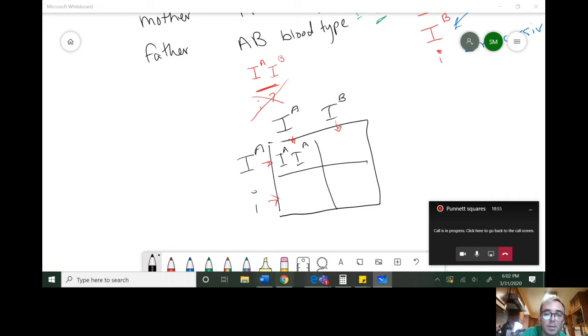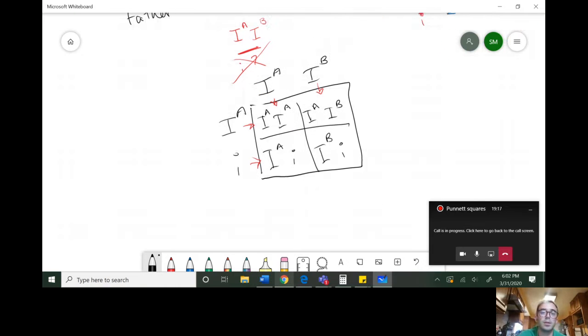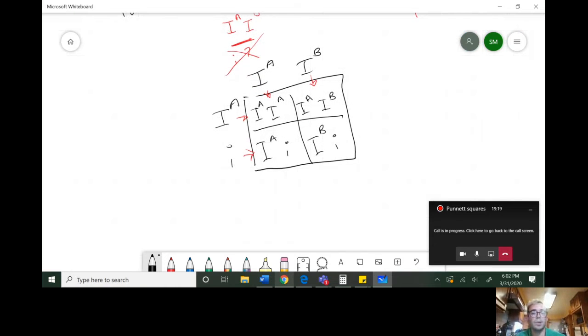Make them crisscross applesauce. This one, A before B, right? And capital before lowercase. And so the possibility of these blood types, if the two were to copulate, would be a variety.